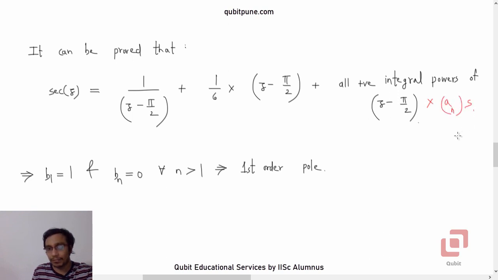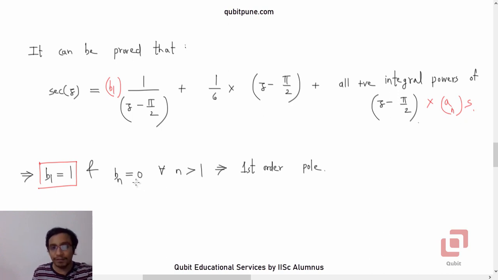Now note that b1 is equal to 1, and all other bn's are equal to 0 for the Laurent series expansion of sec z about z equal to pi by 2.